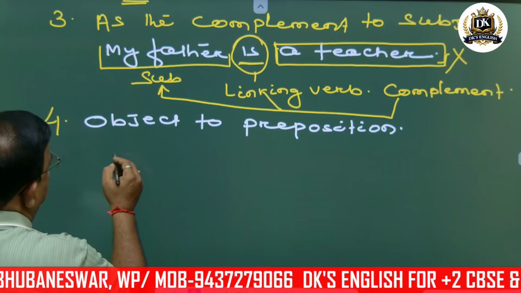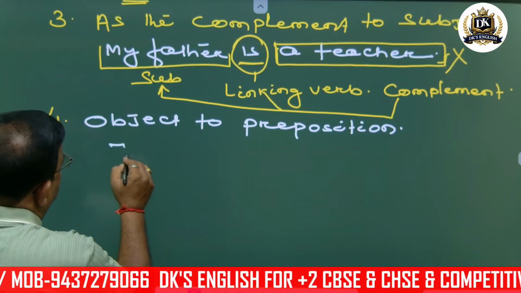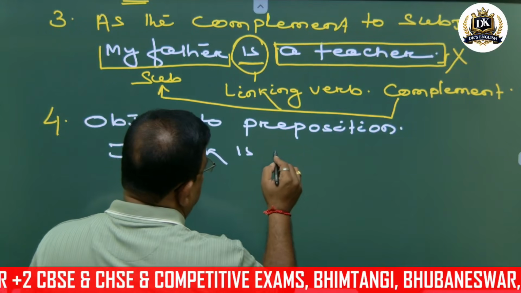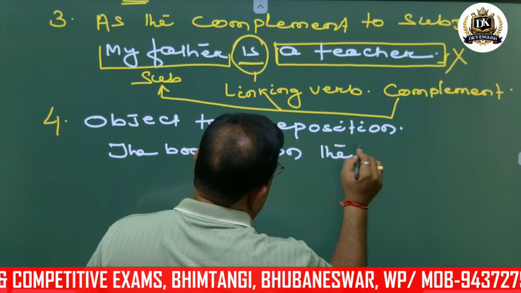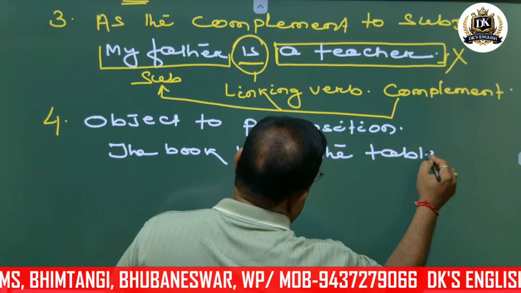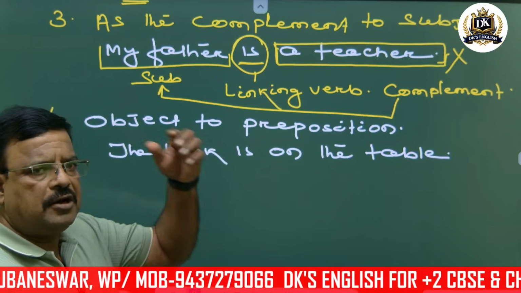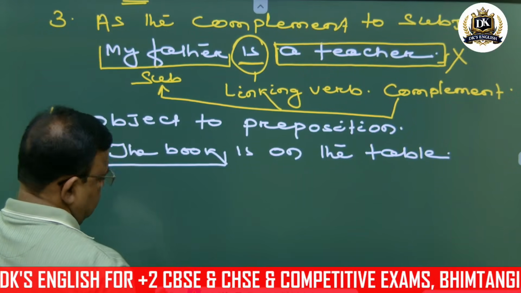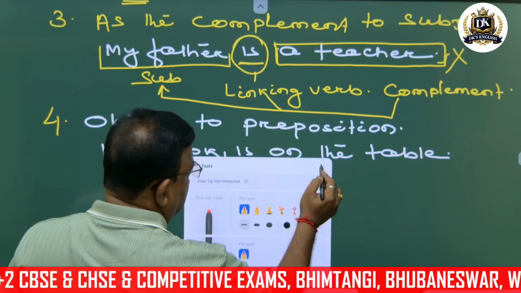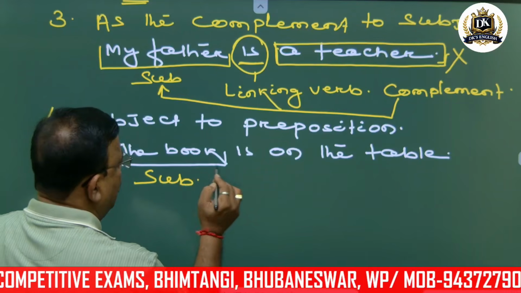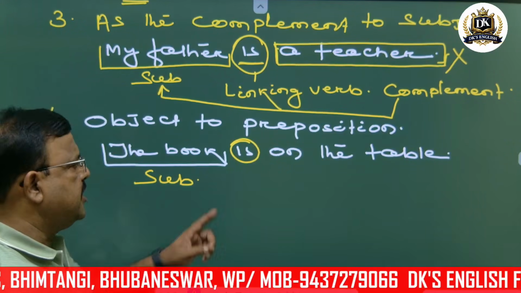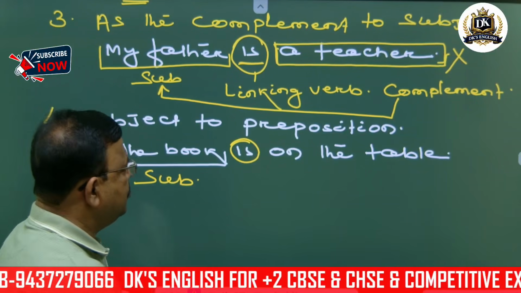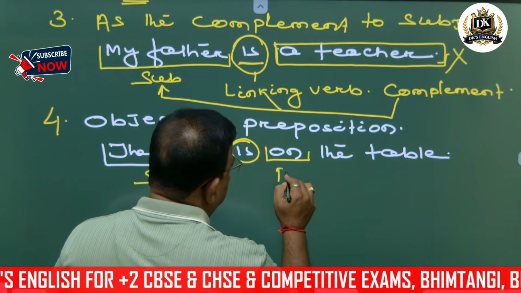Suppose I say, the book is on the table. The book is on the table. If I write this, the book here, what I told you before, subject, is here verb. The book is where? On the table. So here on, it is preposition.